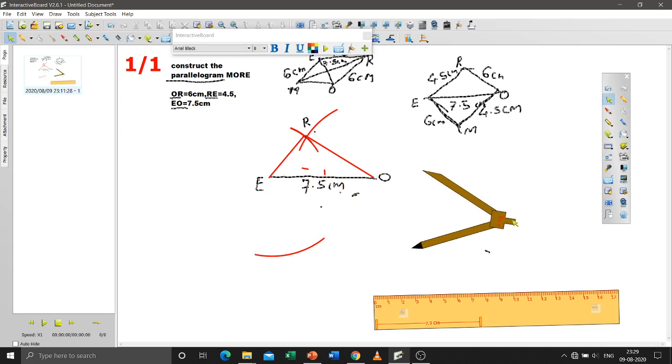Again, we'll adjust the opening of our compass to 4.5 centimeter.